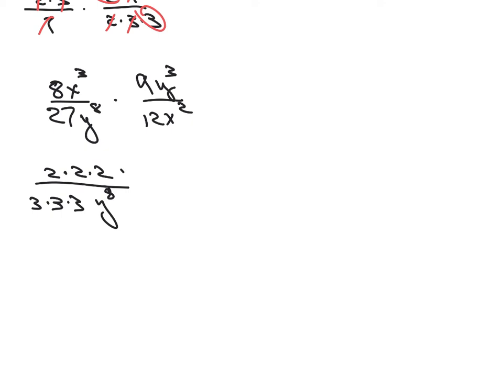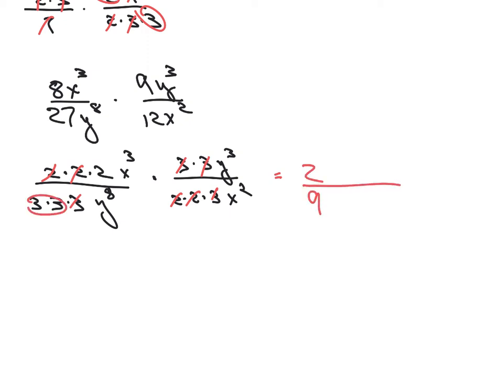I'm going to leave my letters the way they are. So let's cancel numbers. That 2 with that 2. Okay, that with that, that with that. So that's going to leave me 2 on top and 9 on bottom.